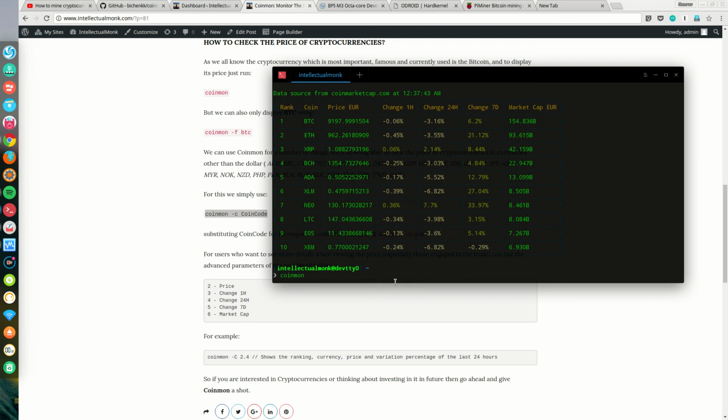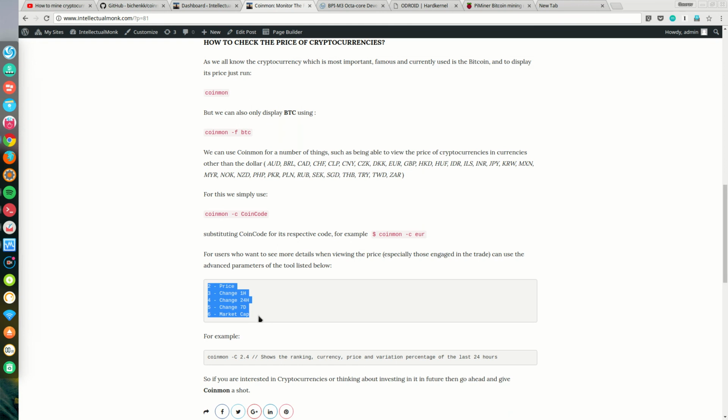Here we have to use capital C, and then 2 is the price, 3 is change in 1 hour, 4 is change in 24 hour, 5 is change in 7 days, and 6 is its market capital.